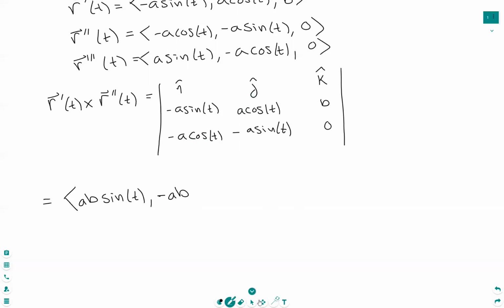Okay, so let's give ourselves some room here. We have the coefficient out in front of here, this negative a sine of t times the determinant of our lower block down here, but this is 0 times negative a sine of t minus 0 times negative a cosine t.